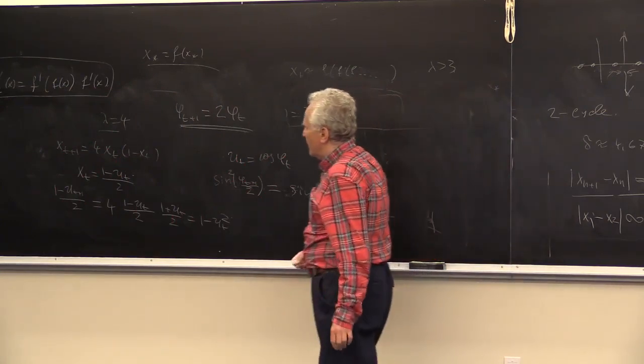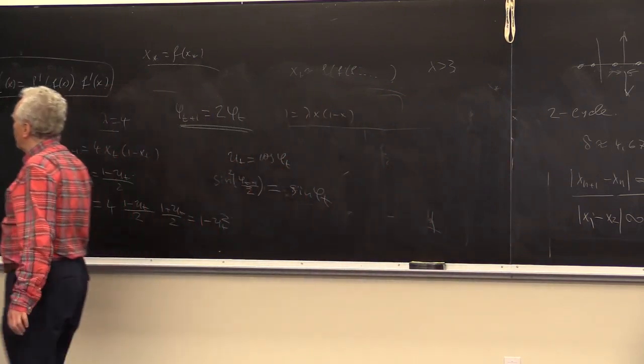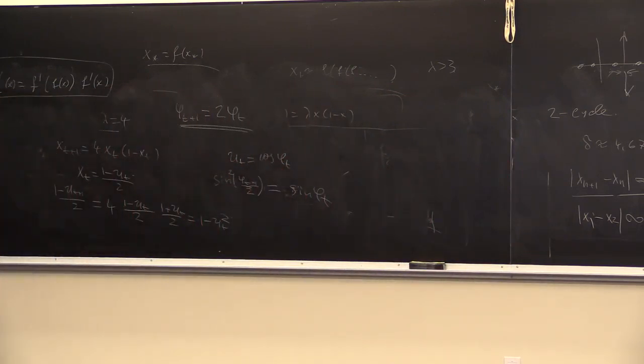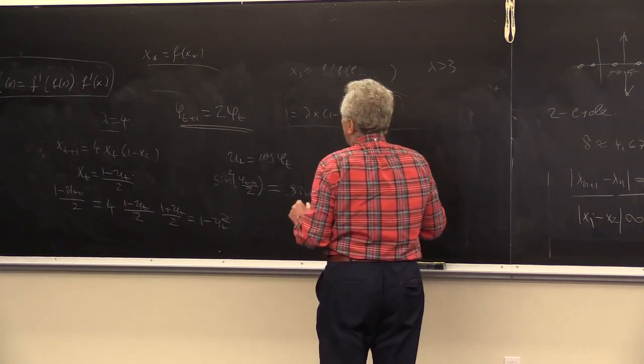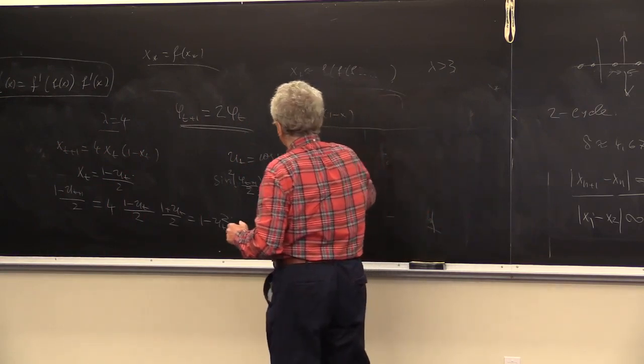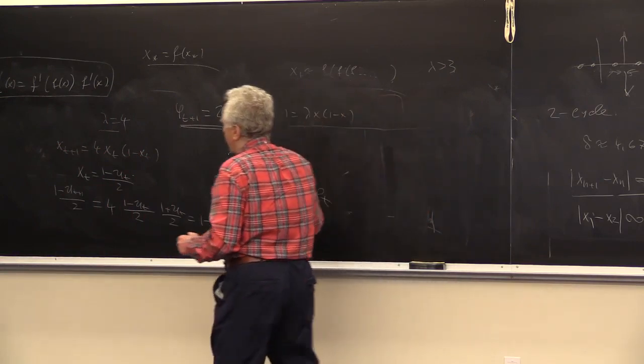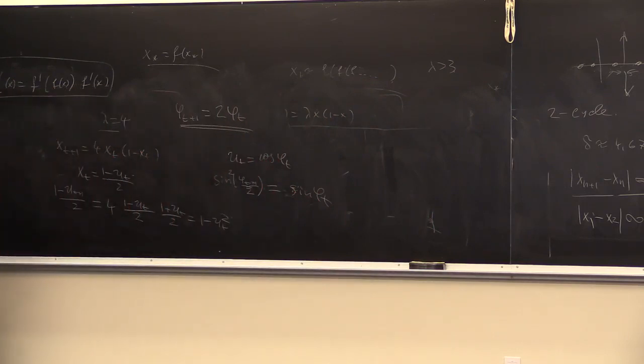And the statement which I'm going to make is that the x variables, the original x variables, are randomly distributed. It's an ergodic system, and we can calculate any ergodic average.